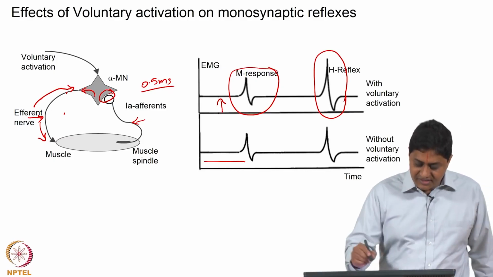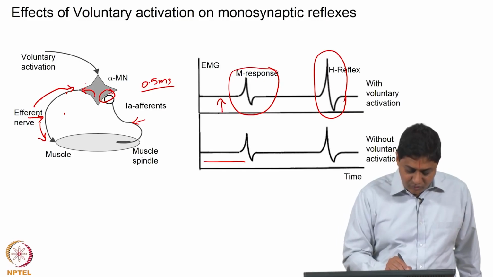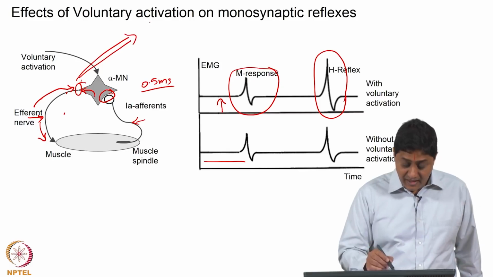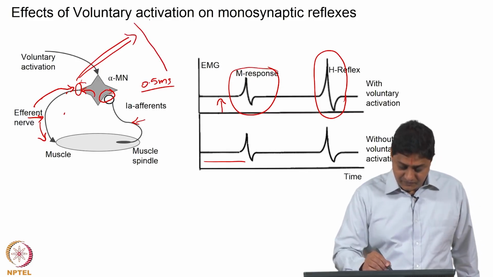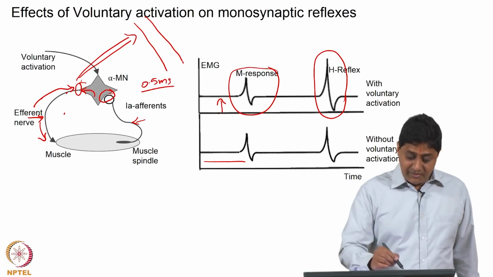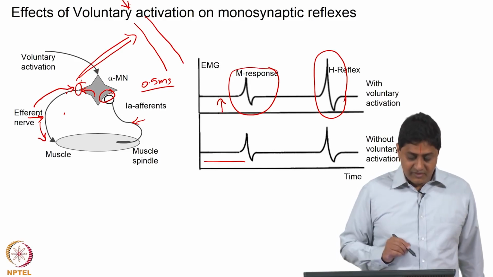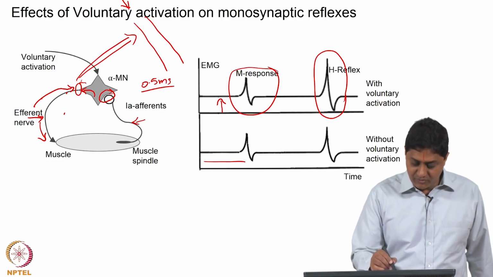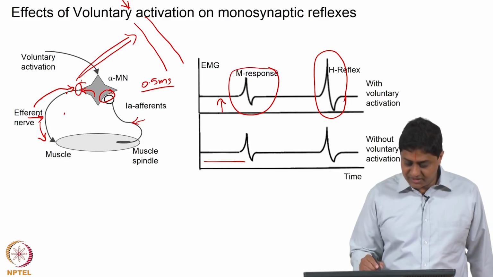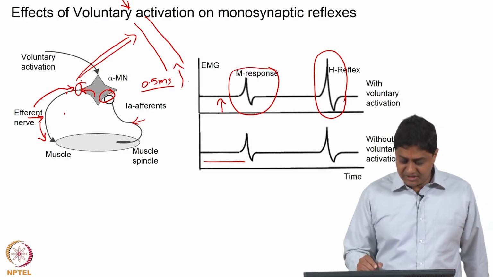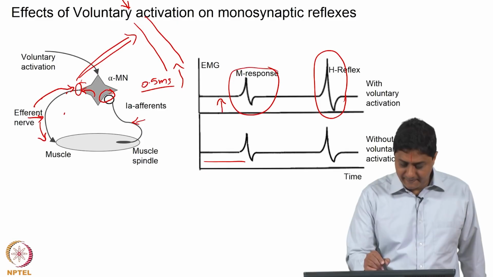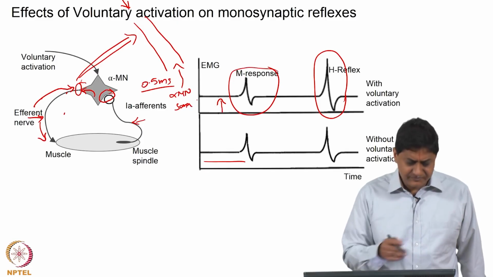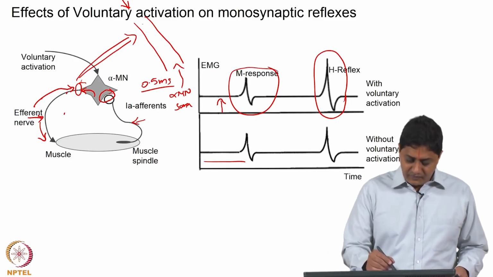Let me zoom out that zone for you to see there. That is the membrane. In this membrane, one action potential is travelling on the alpha motor neuronal axon, and another action potential is travelling on the alpha motor neuronal soma, for example, in two different directions.